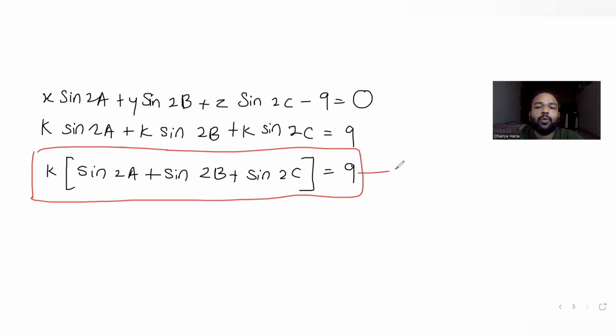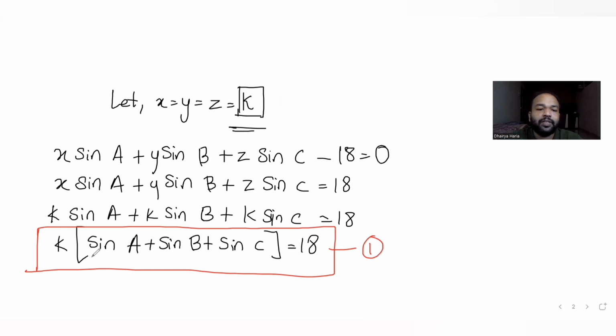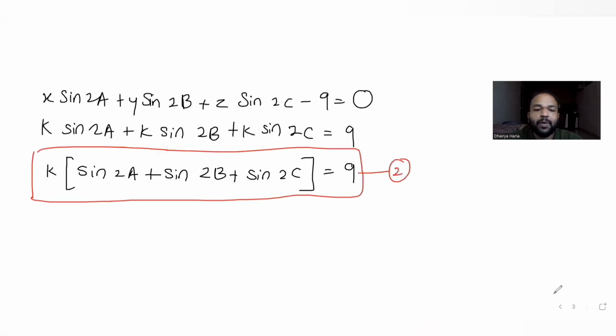Now once I have equations 1 and 2 with me, let's simplify the expressions in the brackets. So sin A + sin B + sin C. Let's simplify that first.